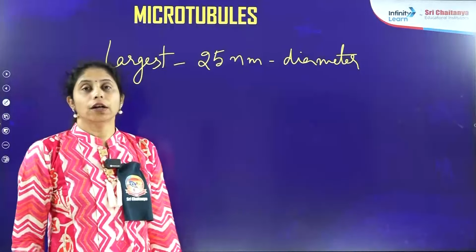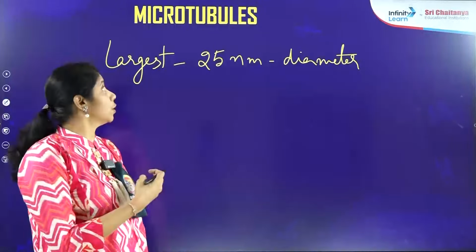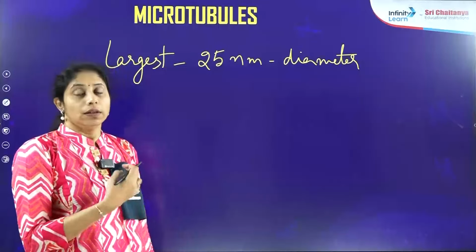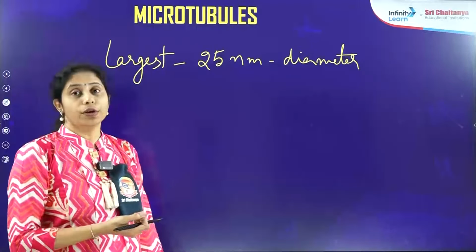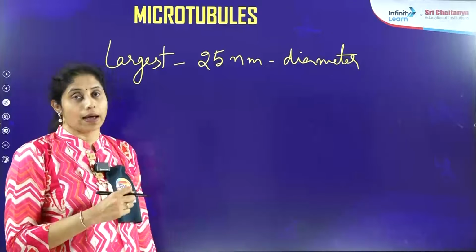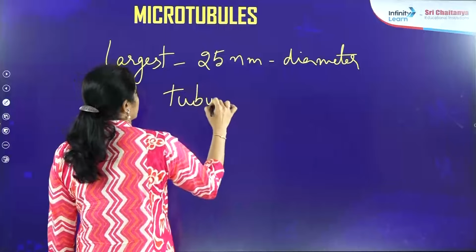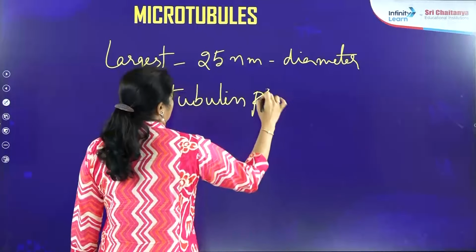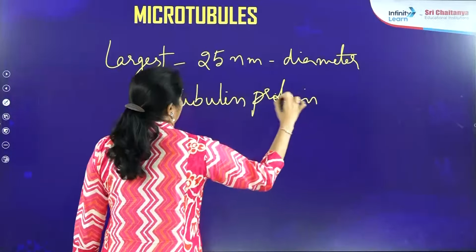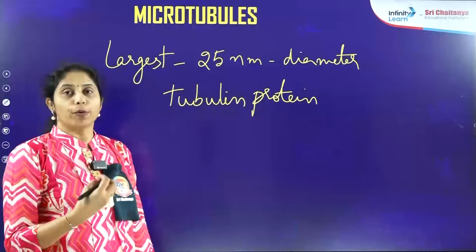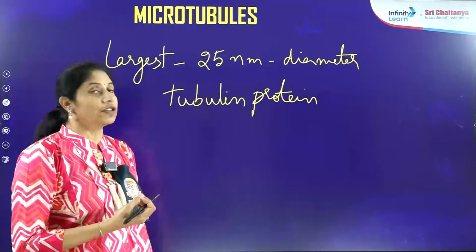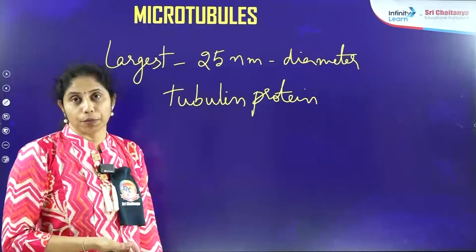Among all the cell components present in the cytoskeleton, the largest ones are the microtubules. They have a 25 nanometer diameter, and they are basically made up of the protein tubulin. They are made up of proteins only, and that particular protein forming the microtubule is tubulin.